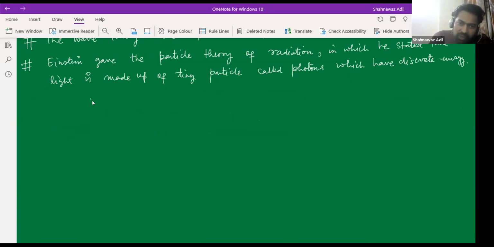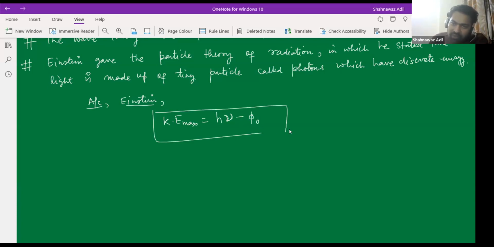So according to Einstein, the maximum kinetic energy of the photoelectrons is equal to the energy of the light falling minus some work function.